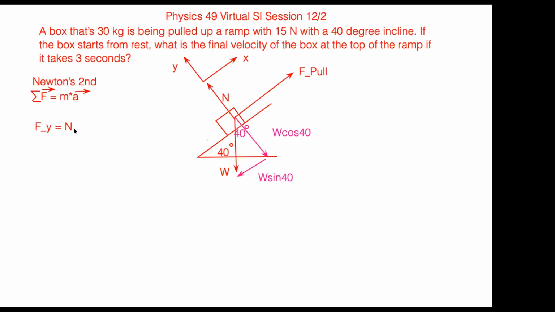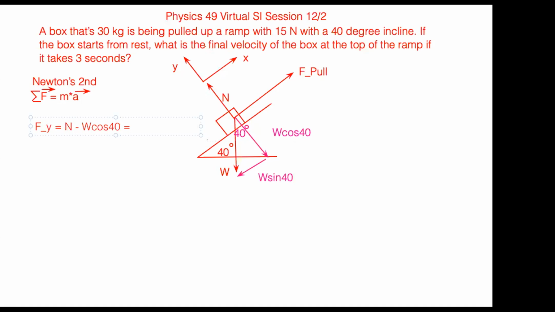So continuing on with our sum of forces in the y, we have normal force, and we also have the component of weight. And since it's going down, which is opposite of our coordinate system, we'll say it's negative. Now, we said that F is equal to ma, but that's only if the object is moving in that direction.